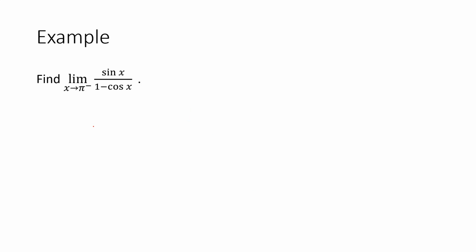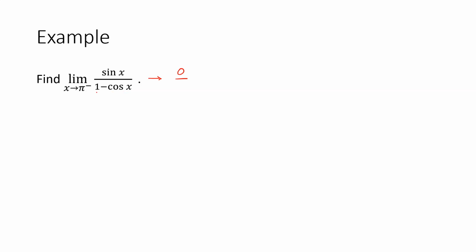Here's another example where the limit as x approaches pi from the left of sine x over 1 minus cosine x will be in an indeterminate form again. So let's think about here as x approaches pi from the left. What happens to sine? Well, sine of pi is 0. Cosine of pi is -1, right?